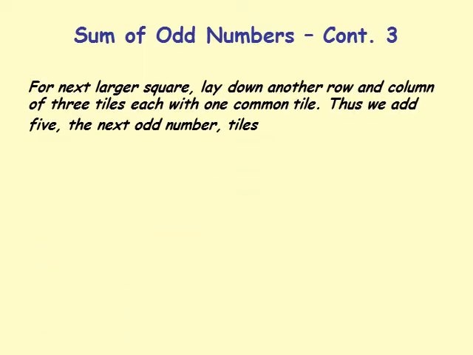For the next largest square, lay down another row and column of 3 tiles each with one common tile. Thus we add 5, the next odd number of tiles. Then 1 plus 3 plus 5 equals 9, which is 3 squared.